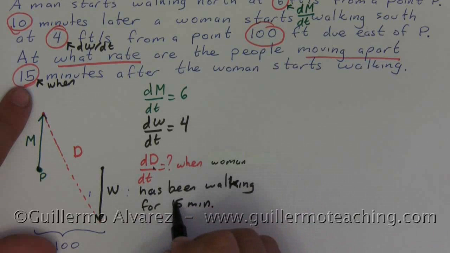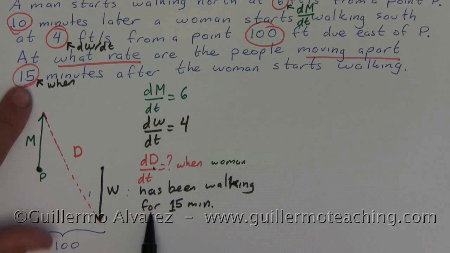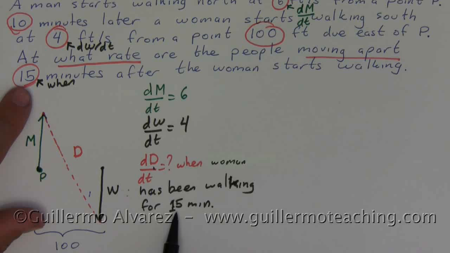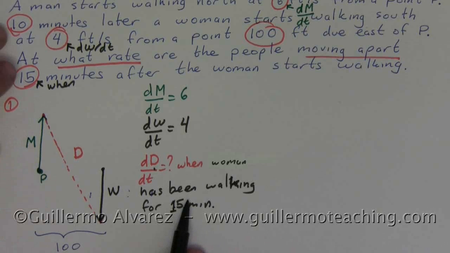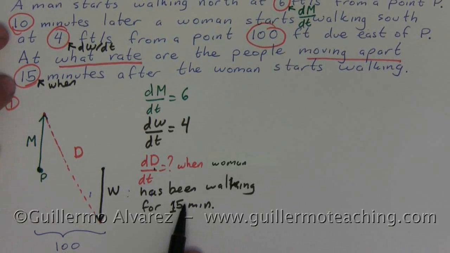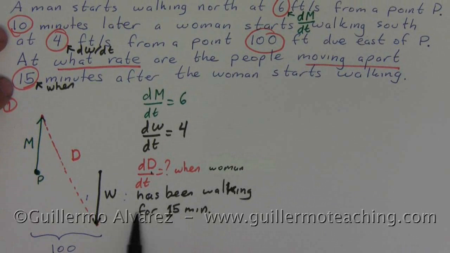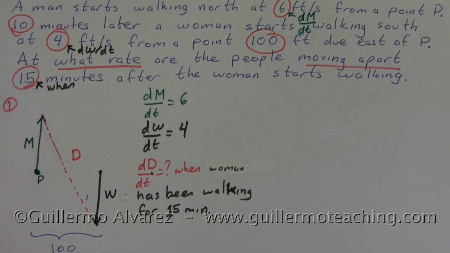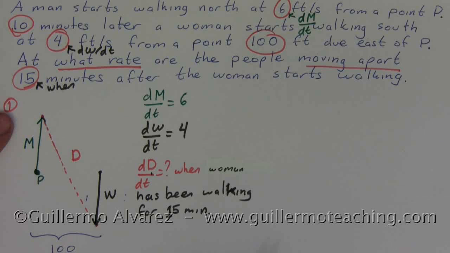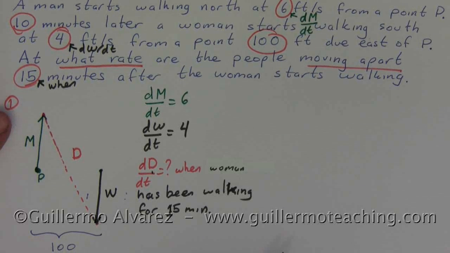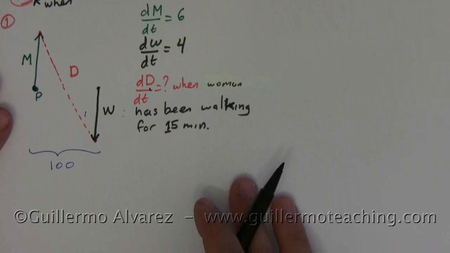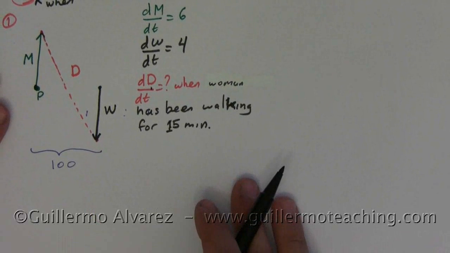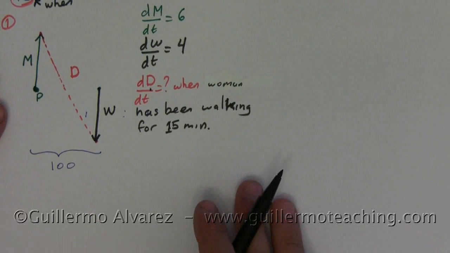And I'm going to put it in words because I don't quite know what to call this, because the man and the woman start at different times. So we'll take care of that later. Okay, so I labeled everything, and a lot of this makes sense, but now I need to figure out a way to relate all of this information.